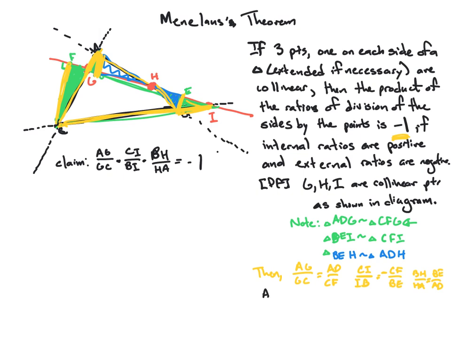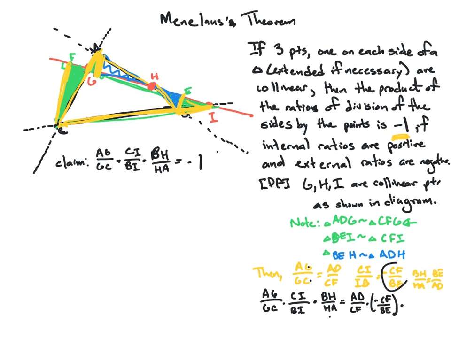We want AG over GC times CI over BI, times BH over HA. Well, according to these, AG over GC is equal to AD over CF. CI over IB is equal to the opposite of CF over BE.